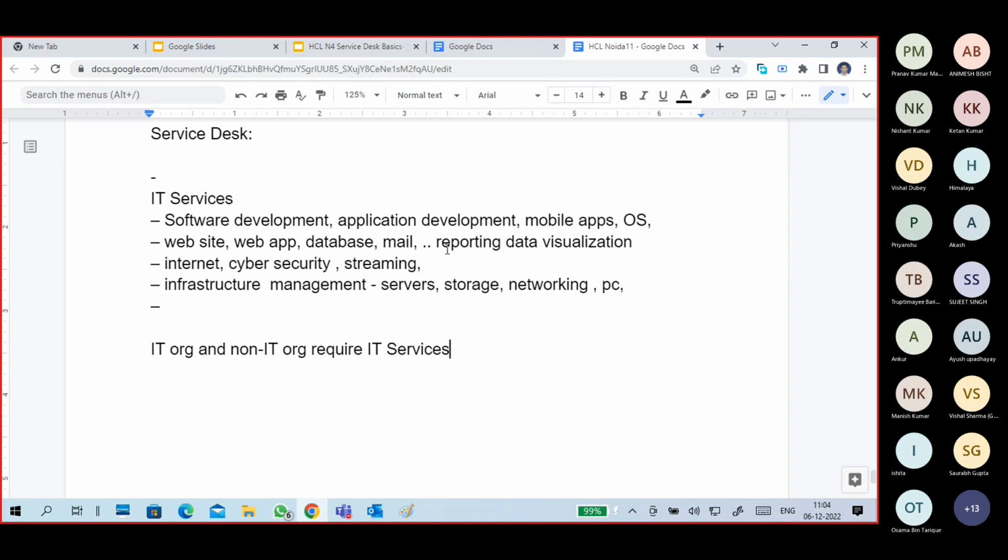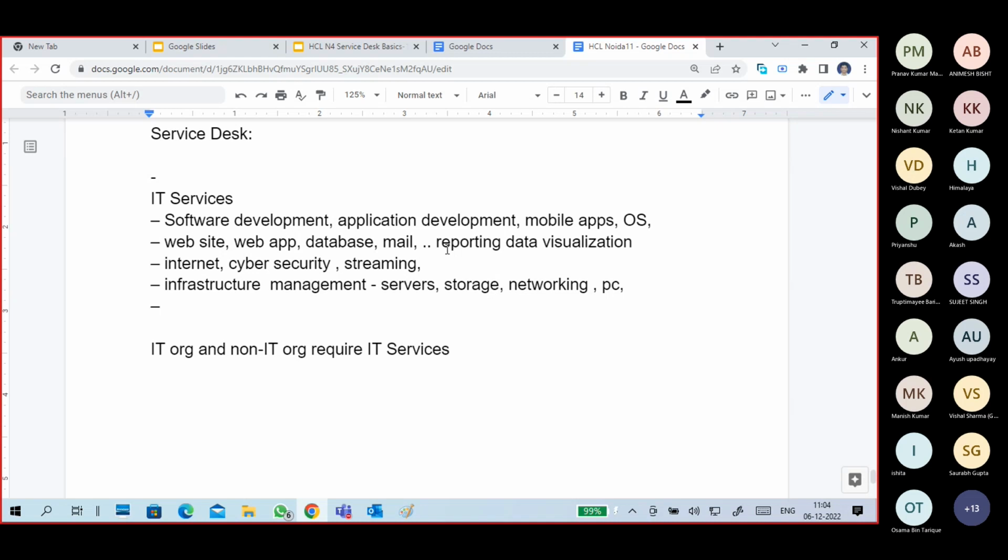For example, in my home, my father, mother are not IT employees, right? Not an IT company, but we need IT services. What is it? We need internet, we need a mobile phone, mobile applications.